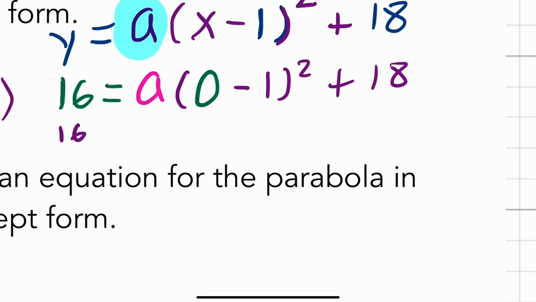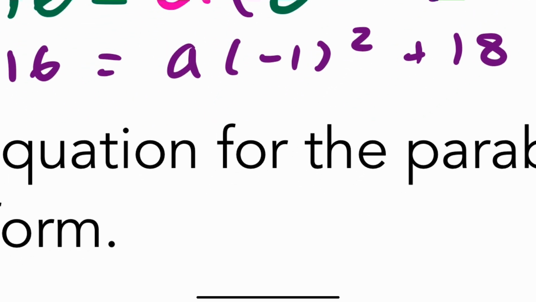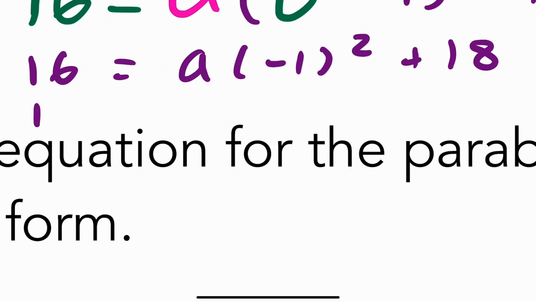So I have 16 equals a times 0 minus 1, which is negative 1, squared, plus 18. Negative 1 squared becomes a positive 1, so 16 equals a plus 18.